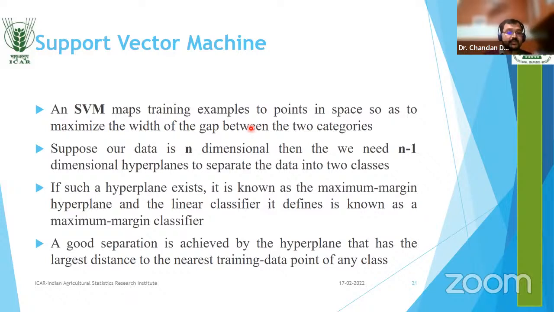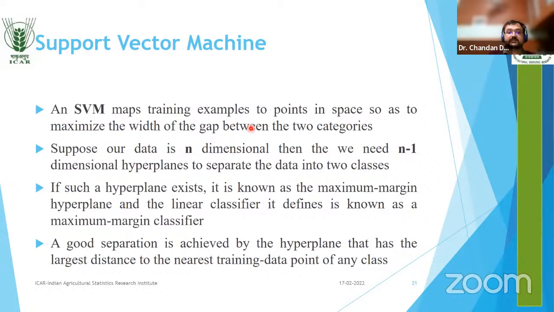So what this describes is that if our data is n-dimensional, then an (n-1)-dimensional hyperplane can separate that n-dimensional space into two classes. In this manner, the support vector machine is used.